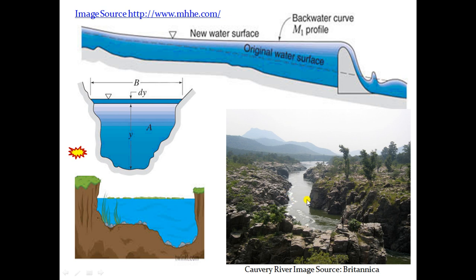The friction offered by this rocky strata at the sides as well as the bottom to the flow is totally different as compared to this diagram, wherein there is a flow in the channel but the sides may be made up of soil. So because of the change in the boundary material, the friction forces are different, which is also one of the reasons for gradually varied flow.